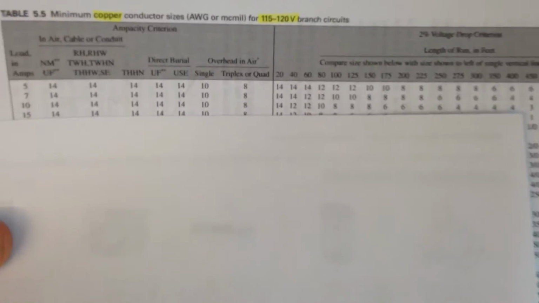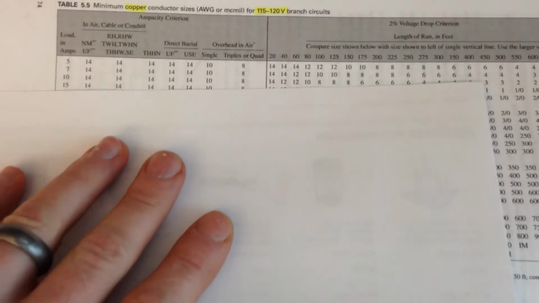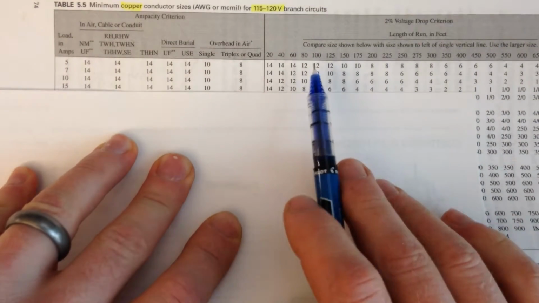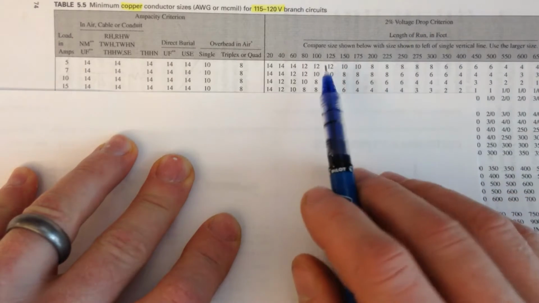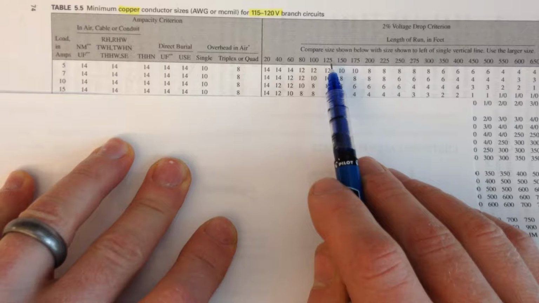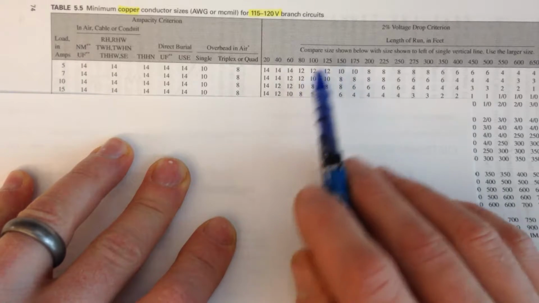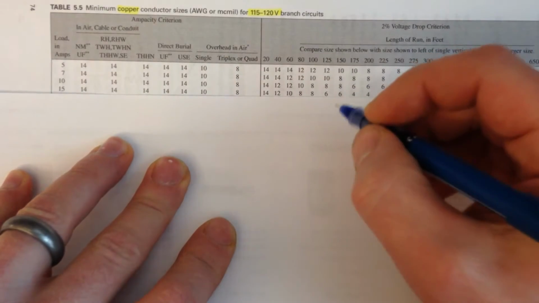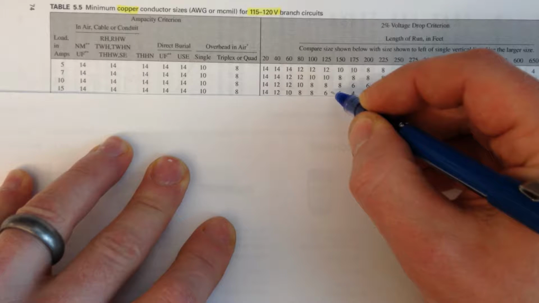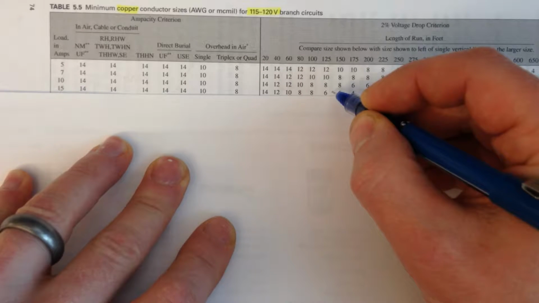So we come back to this table. We're still on the 15 amp row. And we want to be 15 amps. We come across to the voltage, 2% voltage drop. 100 feet's too short. I need to be at the 125. So again, we're always rounding up. So I'm going to actually be at this 6 gauge based on my 2% voltage drop.